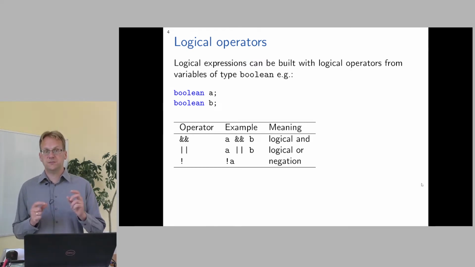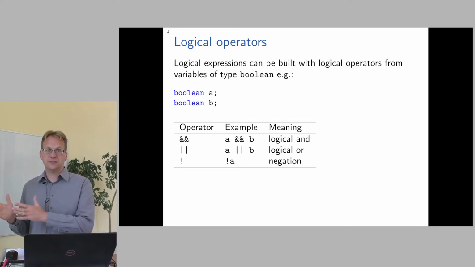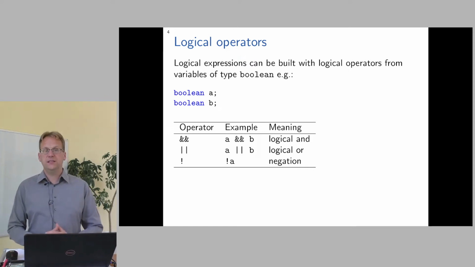So the if statement allows us to branch into different parts of our program. If a certain condition holds true, execute this part of the program, else execute this part. And for that we need logical expressions, and for that we need logical operators.